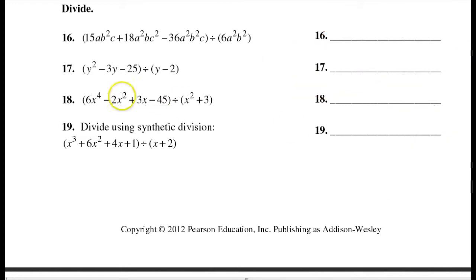Okay. Now in number 19, we're asked to do this by synthetic division, which hopefully you've had a little experience with. This is x minus c. So to set it up, we take the opposite of what c is in terms of its sign. So here it's a positive 2, so we're going to use a negative 2.